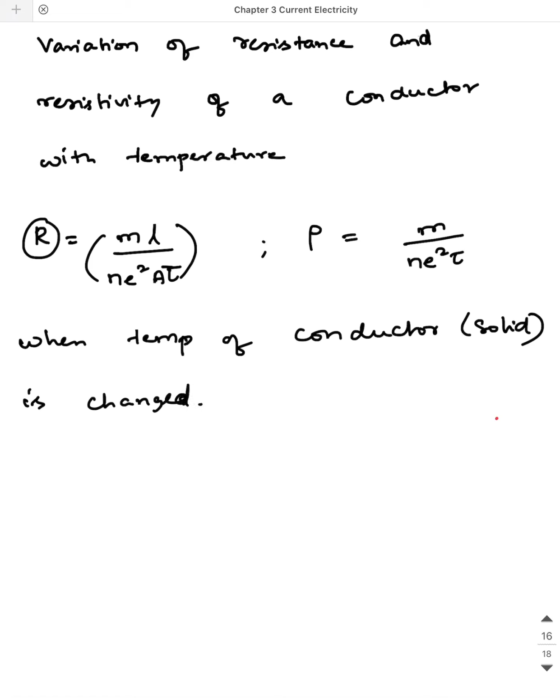Let's say the temperature is increased for time being. So when temperature is increased, look at the expression for resistance and look at the dependence parameters for it. So resistance is dependent on the mass of the electron, the length of the conductor, the number of electrons per unit volume, the charge, the area of cross section and the relaxation time.